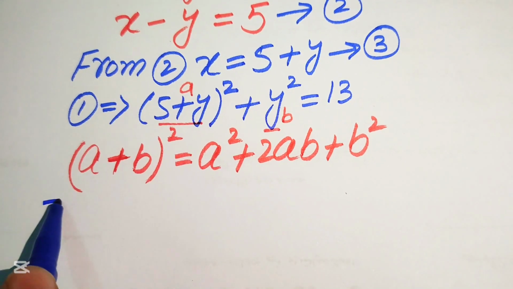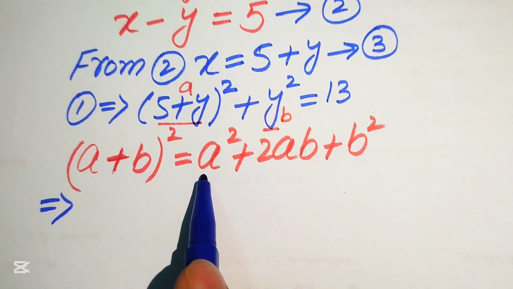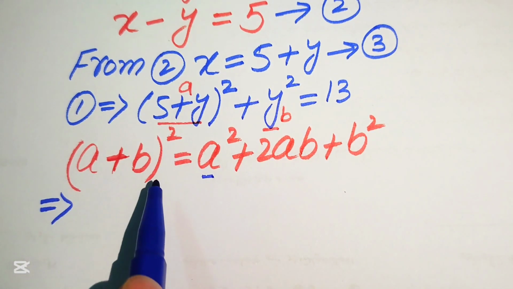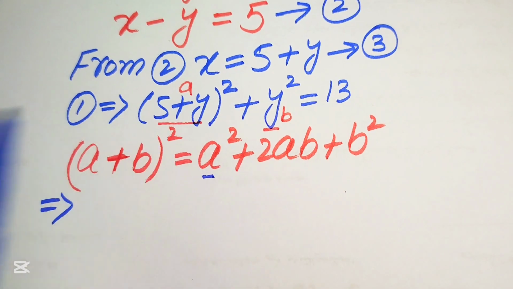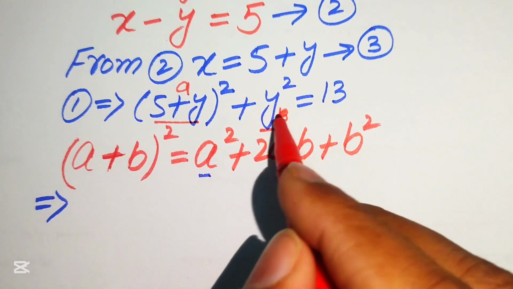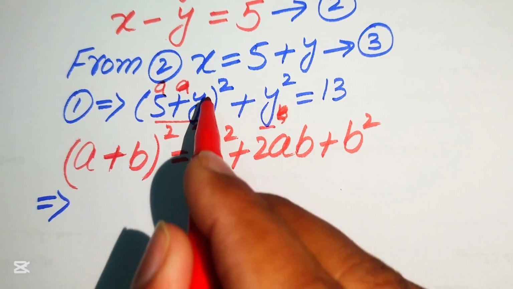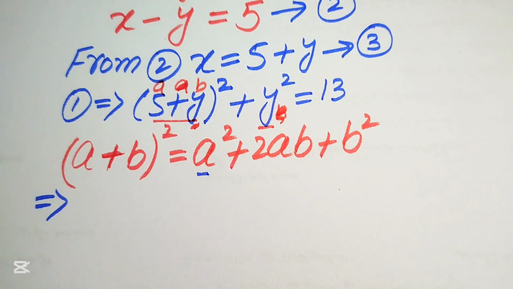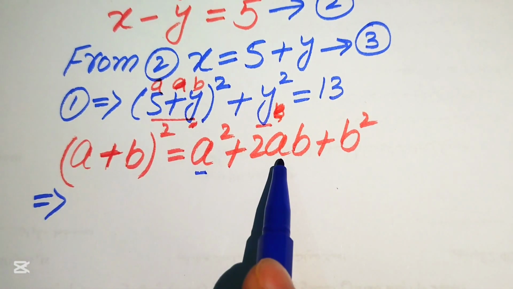So we will write our above equation as, first we have a square, our a is, sorry, this is not our a. So here our a is 5 and our b is this y. Now we just put these two values in the right hand side.